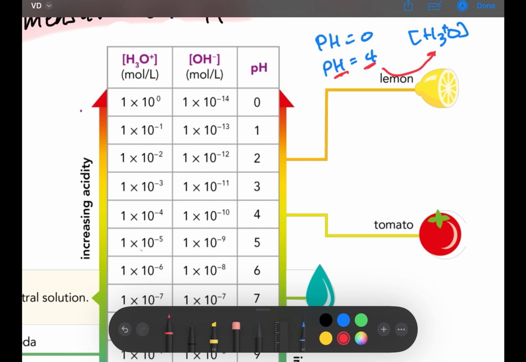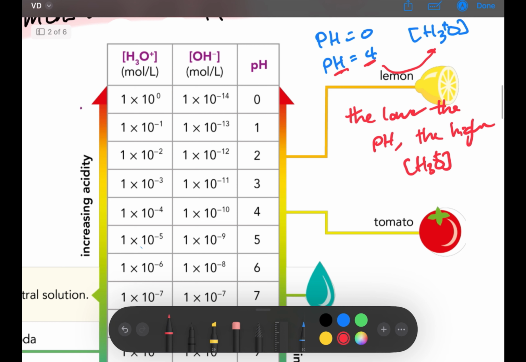You have to keep in mind that the lower the pH, the higher the concentration of H3O plus. So among these concentrations, we can notice that the pH of 0 has the highest amount of H positive and the least amount of acids as represented in the concentration of 10 to the power negative 6, or pH number 6.